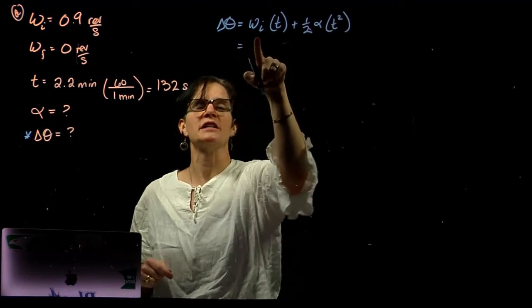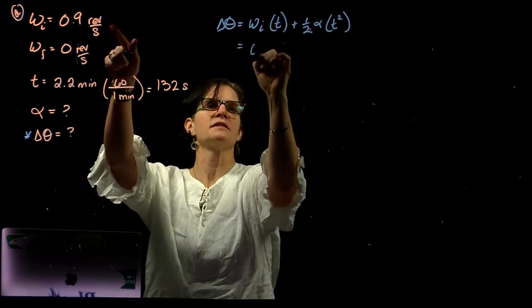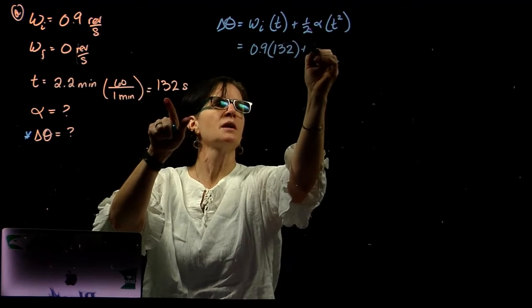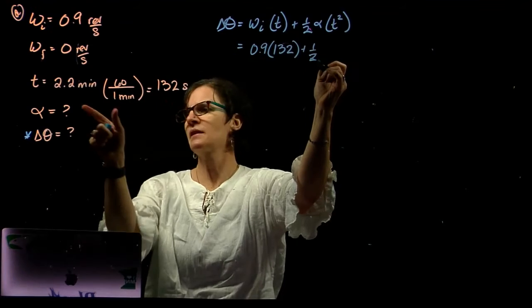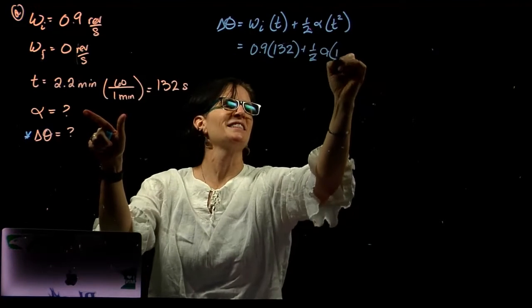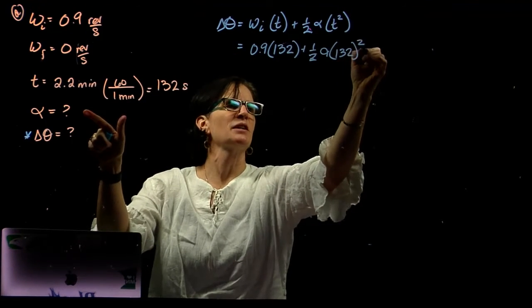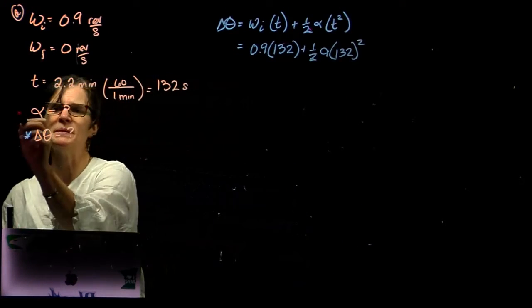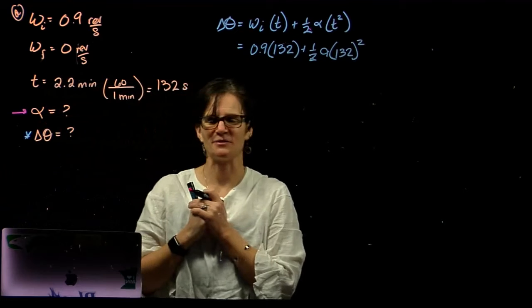So that's 0.9 times 132 plus 1/2 times the unknown acceleration times 132 seconds squared. So I need that angular acceleration; this becomes a variable of interest.